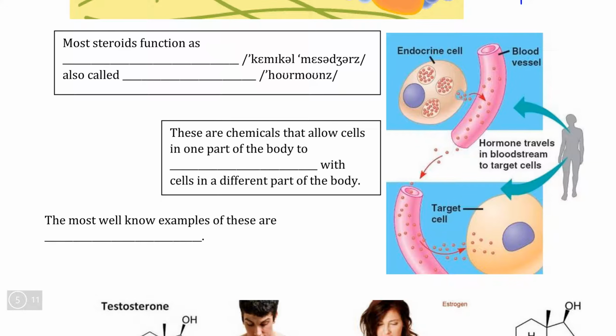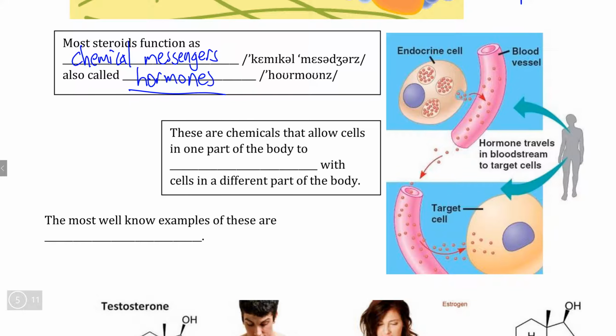Now, the final function of cholesterol actually has nothing to do with structure. Cholesterol is actually a base molecule that is modified in order to form another family of steroid-based chemicals, which are what we call chemical messenger molecules, although most people use the term hormone instead of chemical messengers. So, what are hormones?